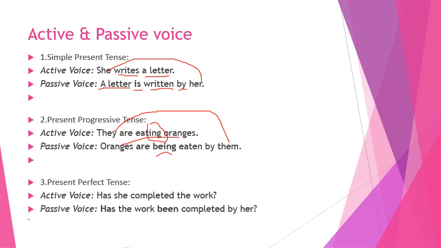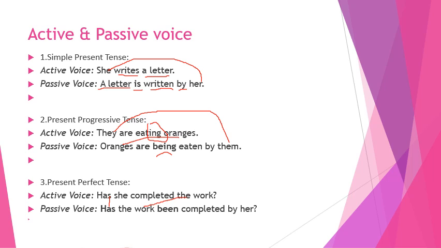Go to the next, present perfect tense. Active voice: Has she completed the work? It is a question. So the object, the work, is coming first, and "has" is at the same place because it is a question.